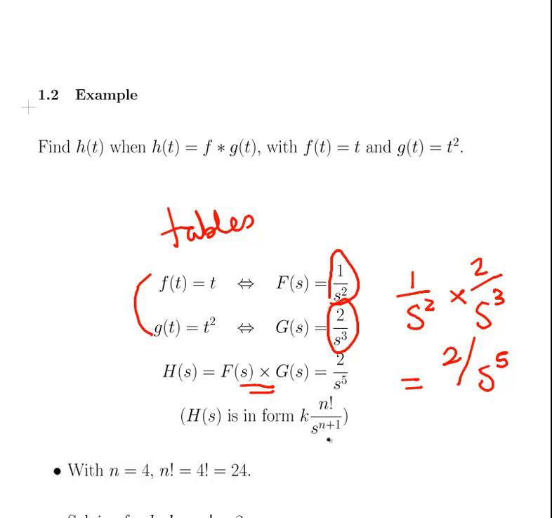Importantly, we have to come up with a way of finding the inverse Laplace transform of that. Now, what we're going to use is a different structure in the formula sheet. We're going to use this one here, which is also up at the top of the formula sheet.